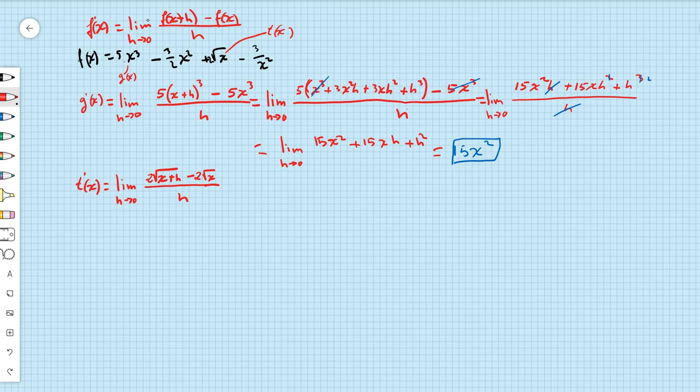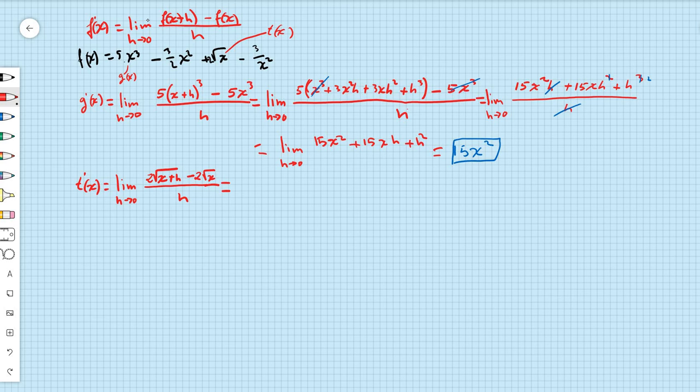So we have this here. Now, when you have radical functions like that, the best way to do it is to multiply. You're trying to pretty much cancel these radical signs up here, right?